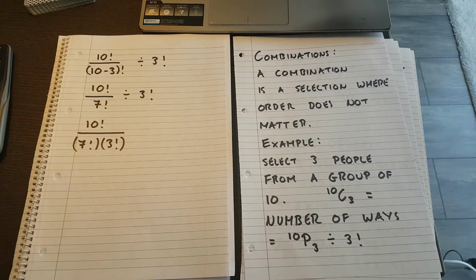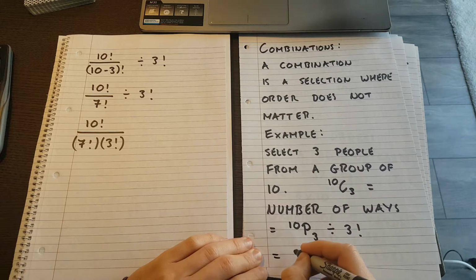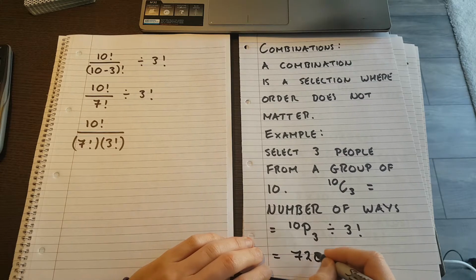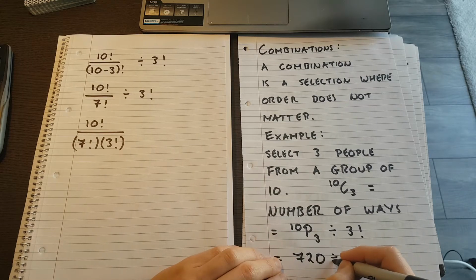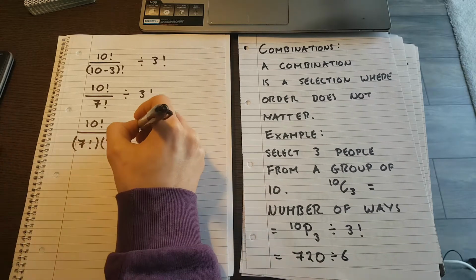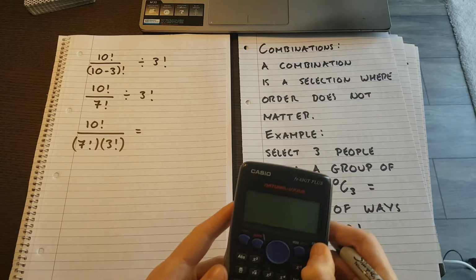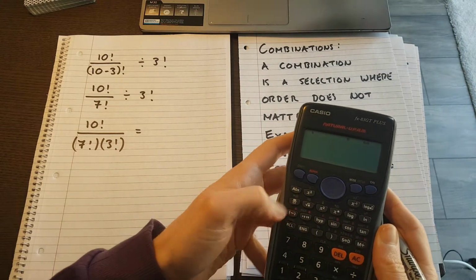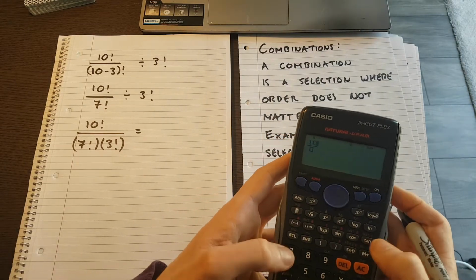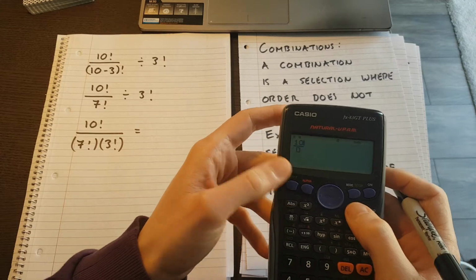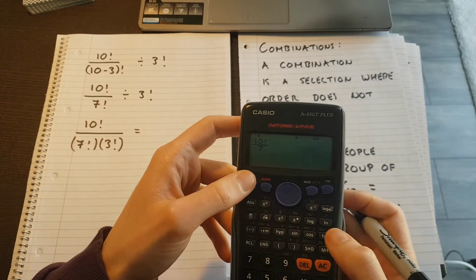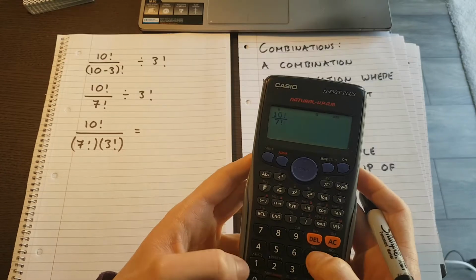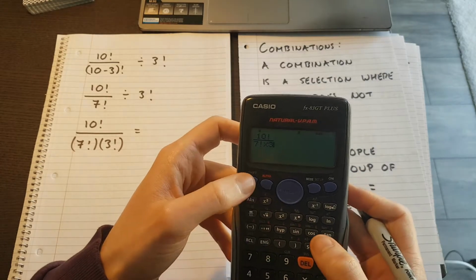And before we saw that this was equal to 720, and 3 factorial is 3 by 2 by 1, so that would be divided by 6. So what do I have? I would have 10 factorial, and then on the bottom I would have 7 factorial multiplied by 3 factorial.